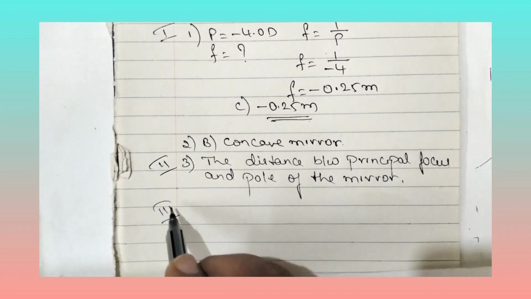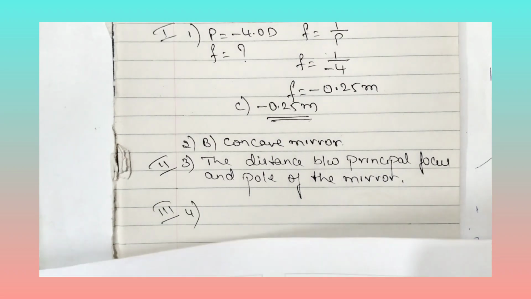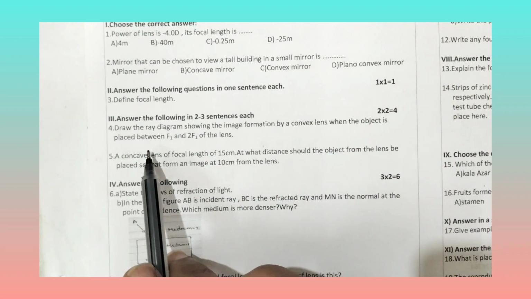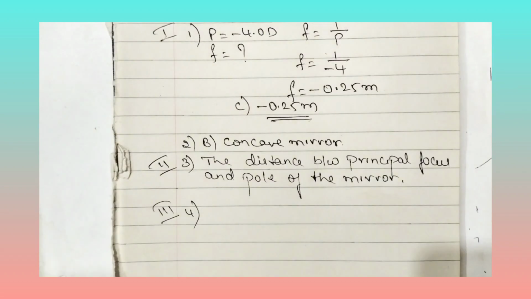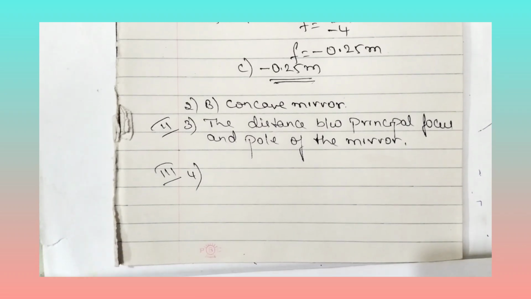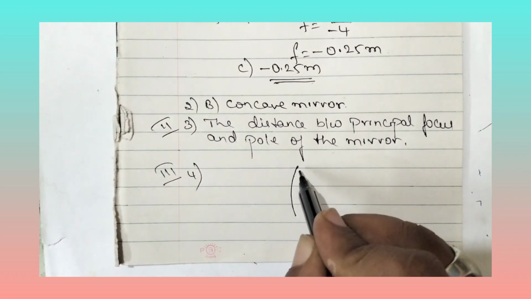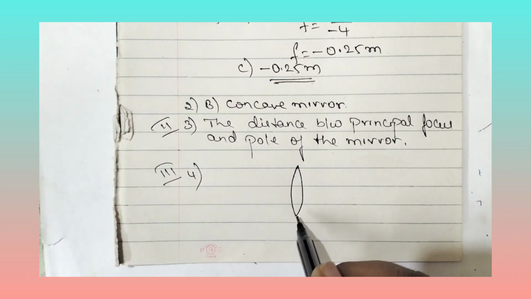So now let us move to the fourth question. The fourth question is: draw a ray diagram showing the image formed by a convex lens when the object is between f1 and 2f1 of the lens. So now let us draw the ray diagram for this one. So when the object is placed between f1 and 2f1, so this is a convex lens.